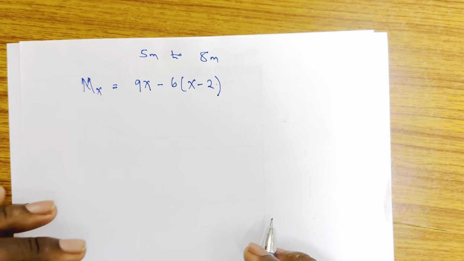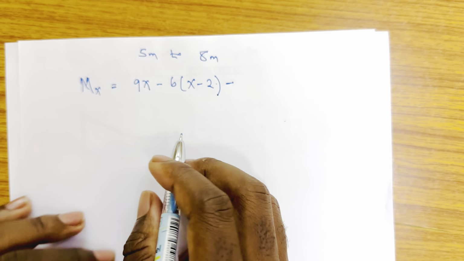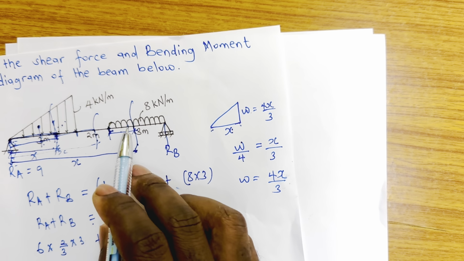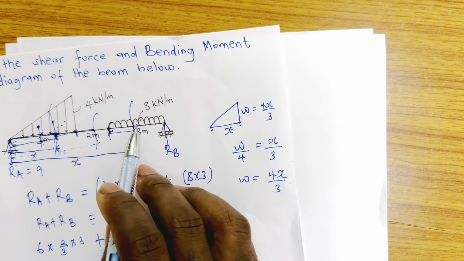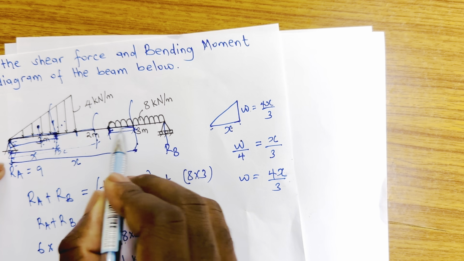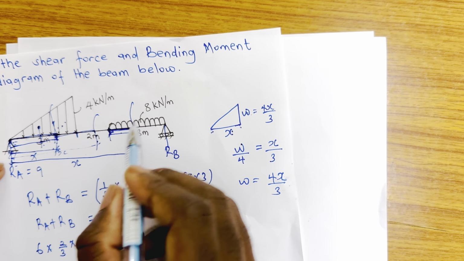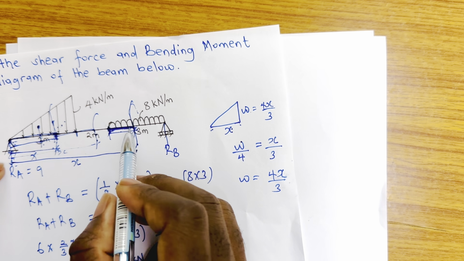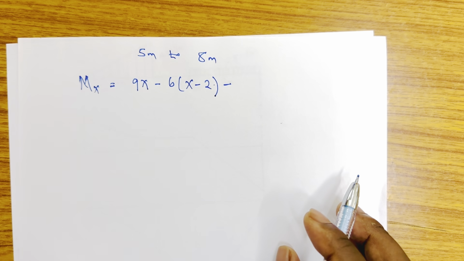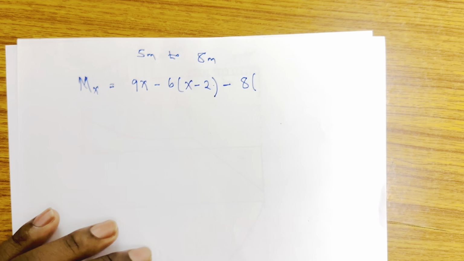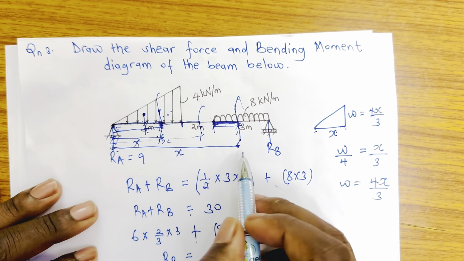So check on that so that you don't miss it. Then minus the force that is coming due to the uniformly distributed load, this one. First of all, we only have this because we have cut it from here. So this is the only UDL part that we are considering. So I have 8 times the total distance x, but I only need the distance where the UDL is covering.